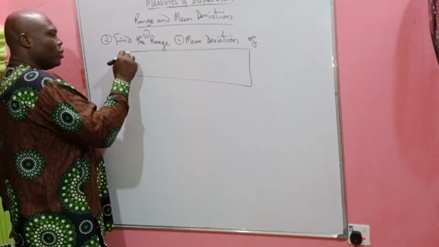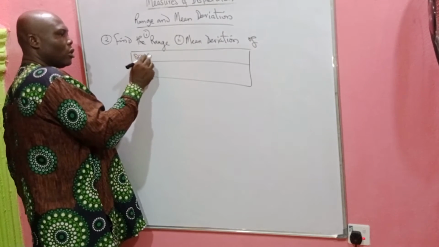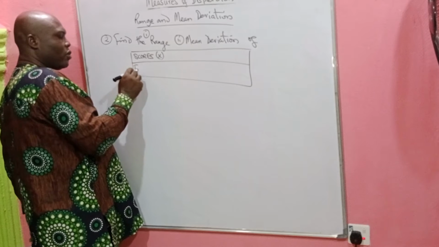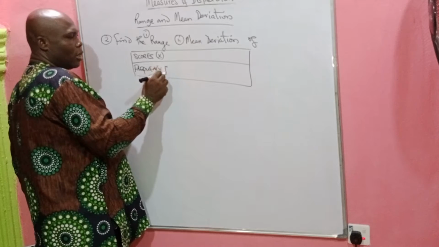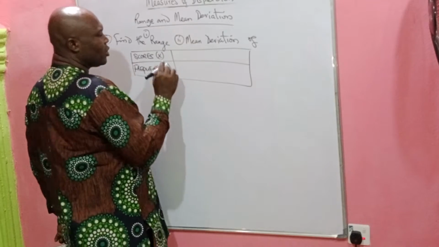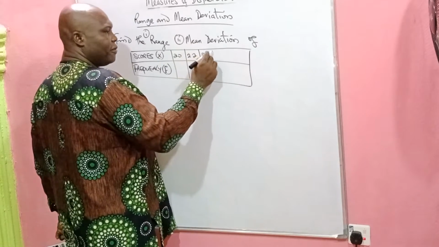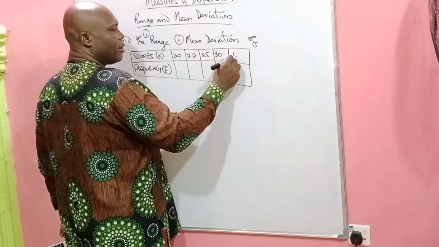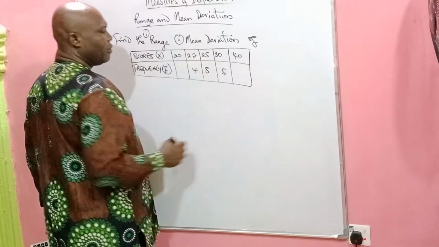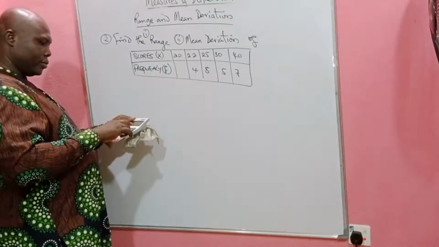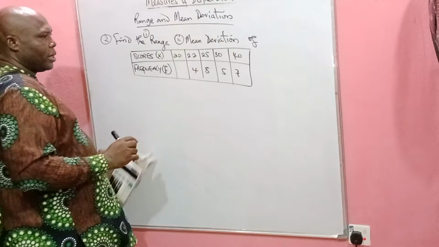In the table, we have our scores, X, and then we have our frequency, F. We are given scores such as 20, 22, 25, 30, and 40, with frequencies 8, 4, 5, 7, and 6.